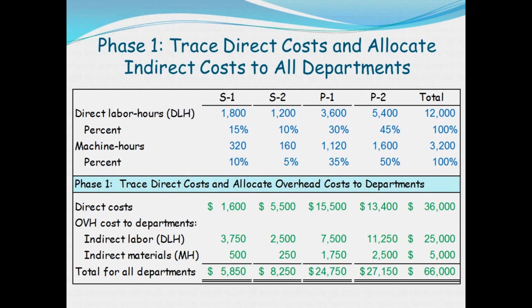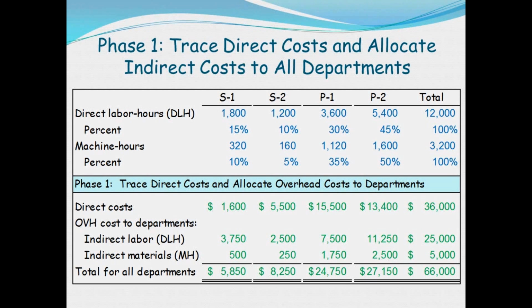We're given the direct costs. The indirect costs, we were given 25,000 and 5,000, and we just calculated these percentages, as Igor said. So our indirect labor is allocated based upon 15% of the total 25,000, 10% here, etc. And for indirect materials, there's a total 5,000 in costs allocated by 10%, 5%, 35%.